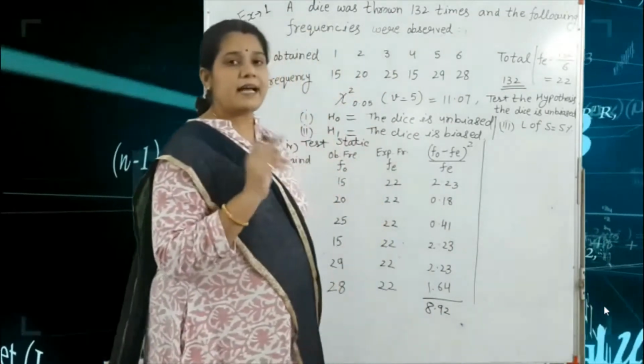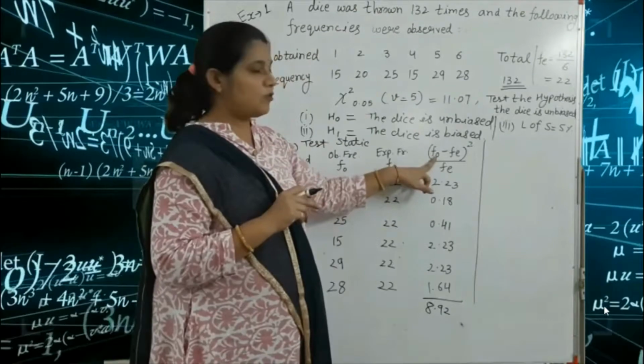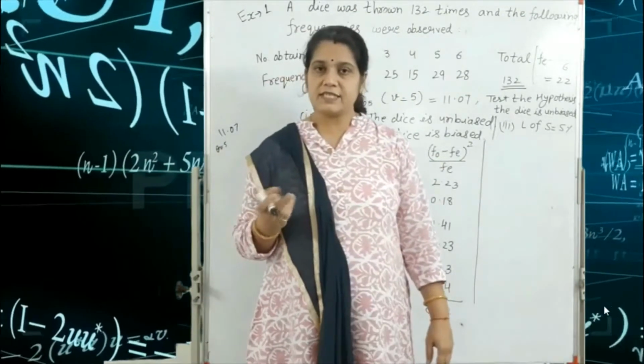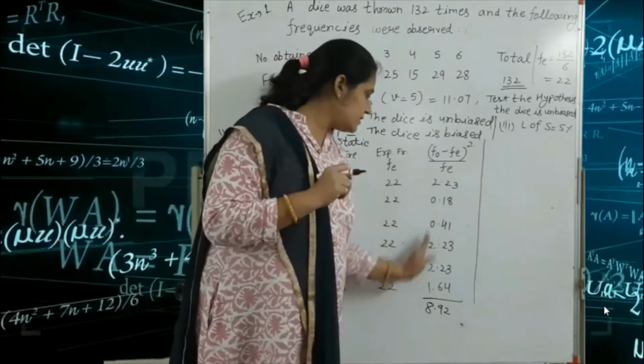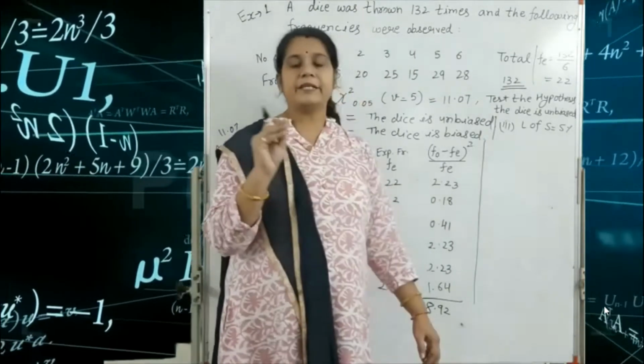But in our chi-square formula, it is the summation of the observed frequency minus the expected frequency, whole square, divided by Fe. So first we take the summation, that is the sum of all these values, and we get 8.92.